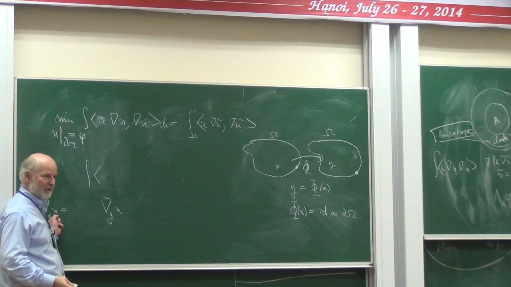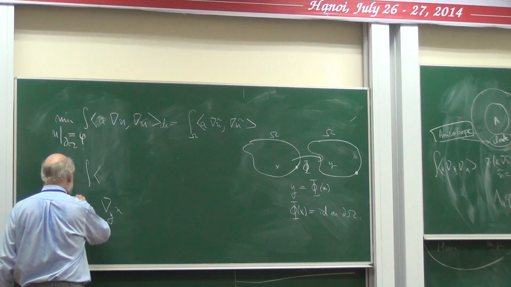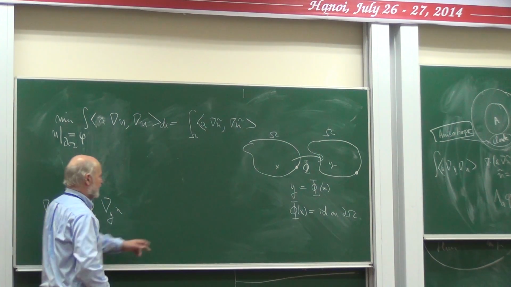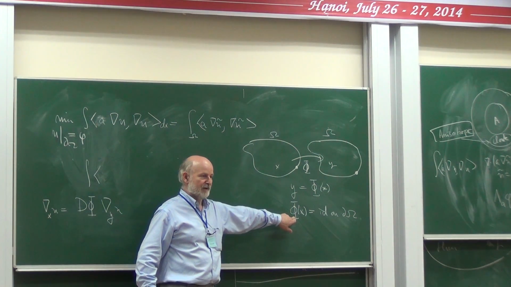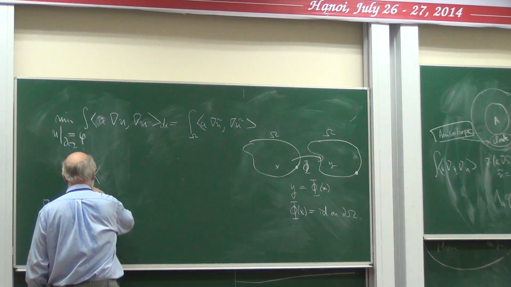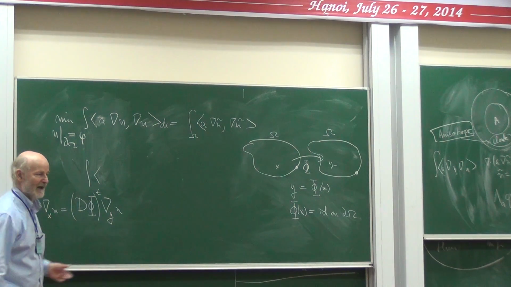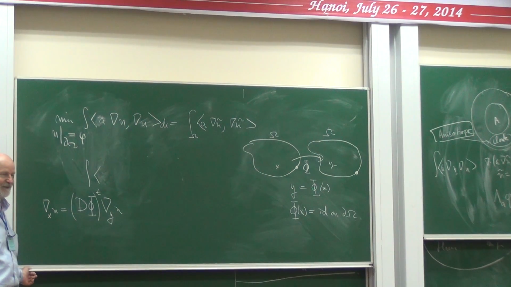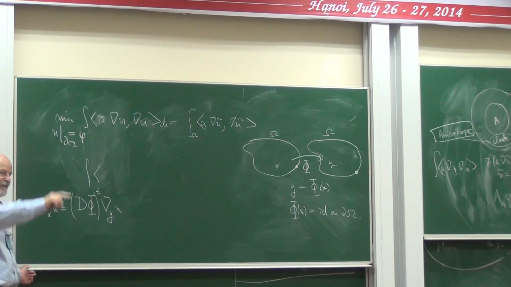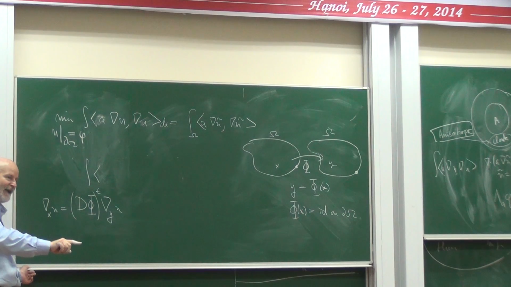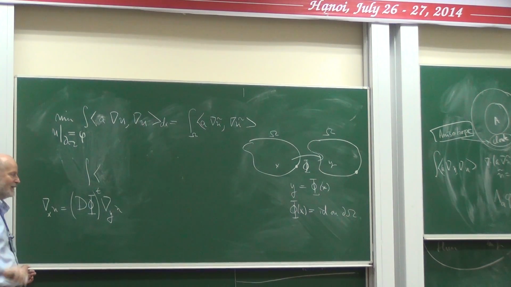Because that's the chain rule. Dy dx is d phi, the Jacobian of the transformation phi. Well, the chain rule actually says it's a transpose of that, but that's just a matter of how you define d phi. So it's a transpose if you go down in x index and across in phi index.